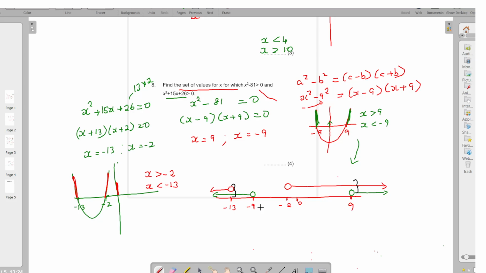Therefore, the set of values that satisfy both inequalities would be x is greater than 9 and x is less than minus 13, because these are the numbers where both graphs overlap. So therefore the set of values would be that.